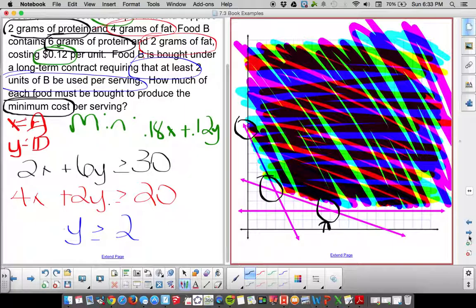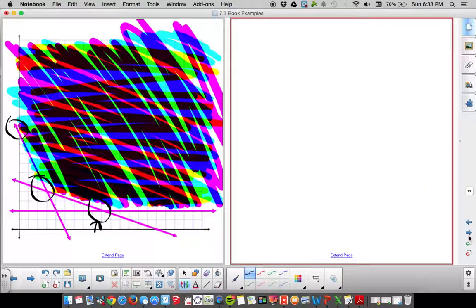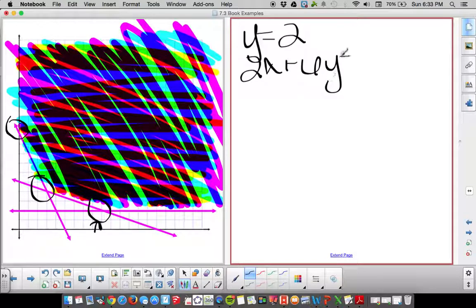So if I know y equals 2, and I have 2x plus 6y equals 30, just plug in y equals 2 to that equation. So 6 times 2 is 12.